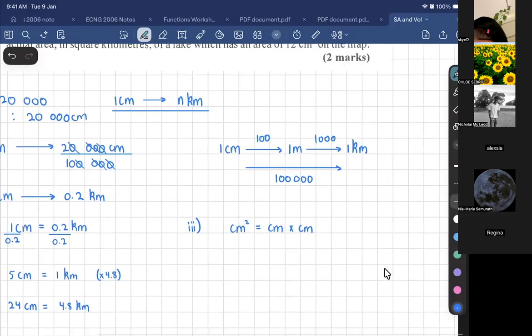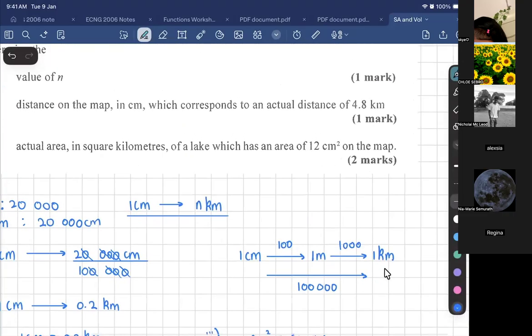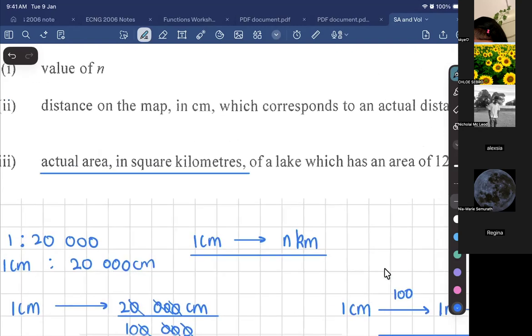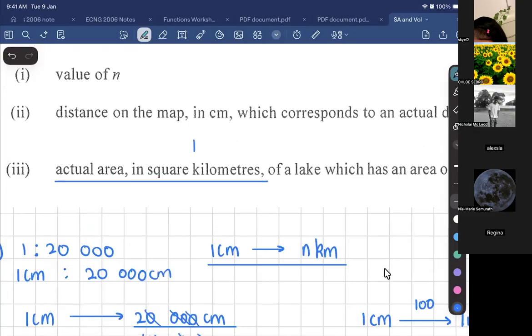We want to figure out the actual area in what units? Square kilometers. Square kilometers would be kilometer by what? Kilometers. Right.